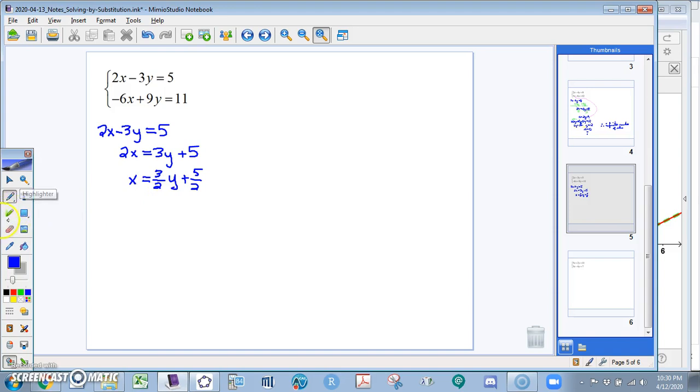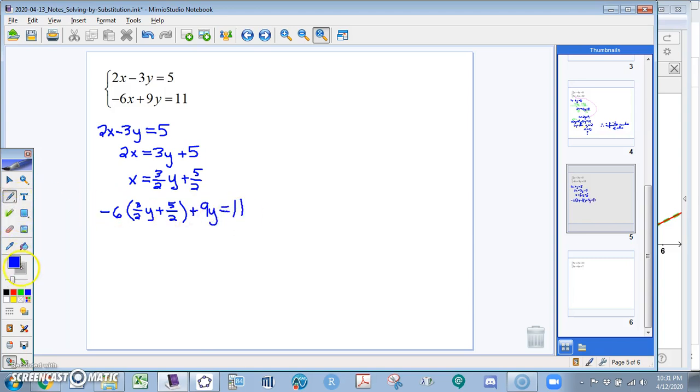I then take that, substitute it into the other equation, so I get negative 6 times 3 halves y plus 5 halves plus 9y is equal to 11.